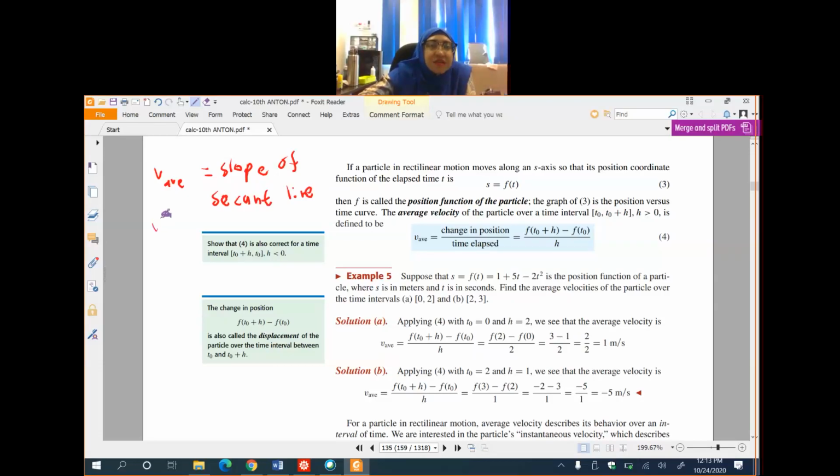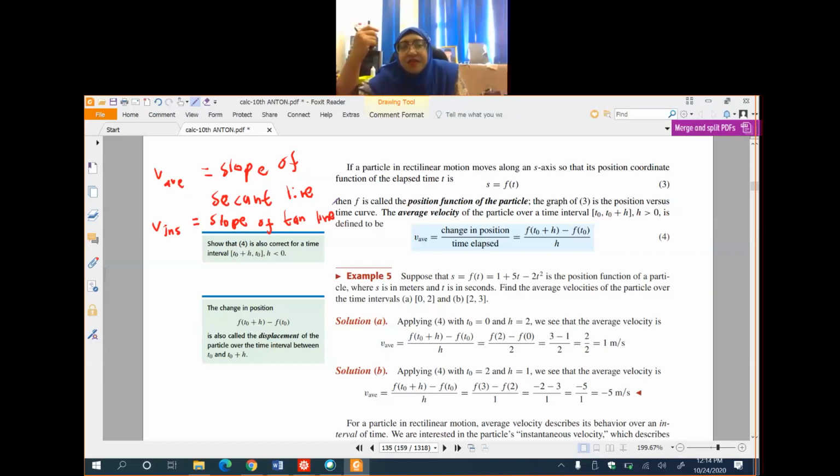Where V instantaneous is the slope of the tangent line. So if the questions ask you for the V average, then you have to use the formula for the slope of the secant line.